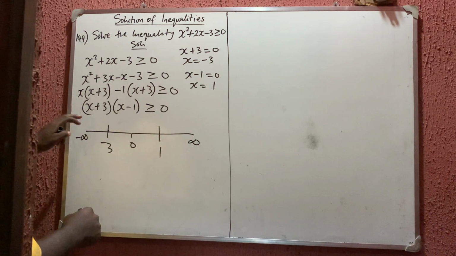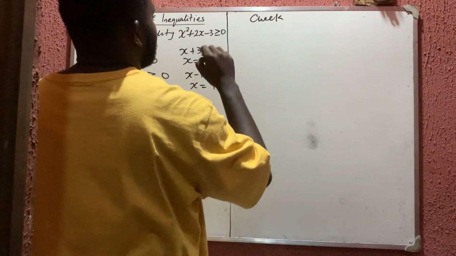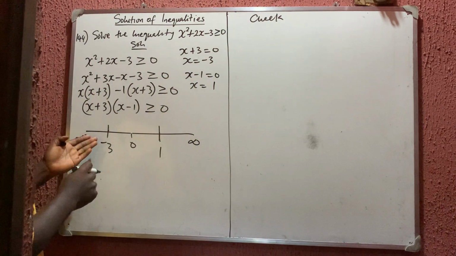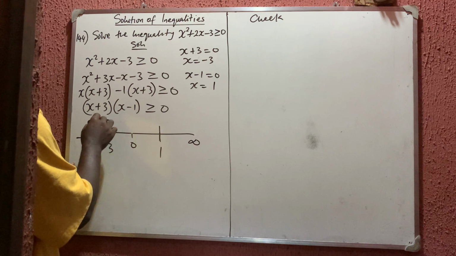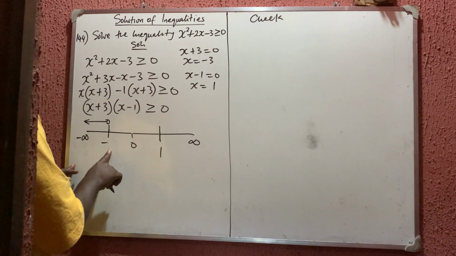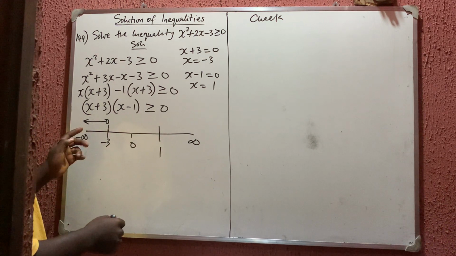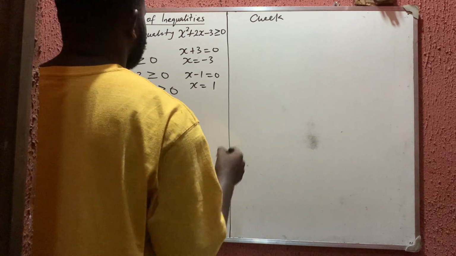So let us check for this side. Anything that is less than minus 3. Is there any number that is less than minus 3? You can check. Just pick any number you like. Minus 4 is less than minus 3. So let me check for minus 4.